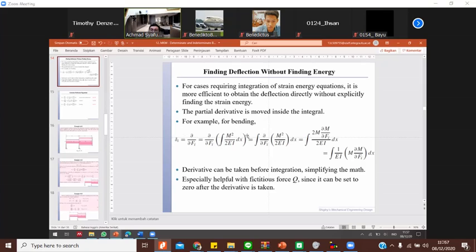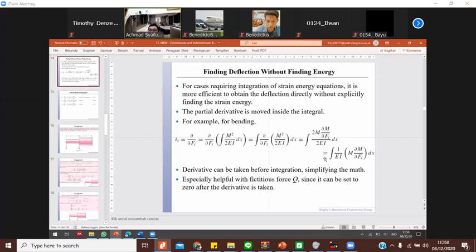Then we move the derivative inside the integral for the moment. Then we take out the derivative parts, and you can get this equation. Finally, this is the simple method.